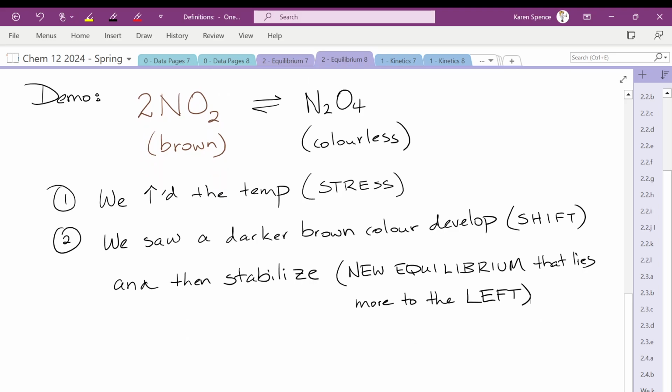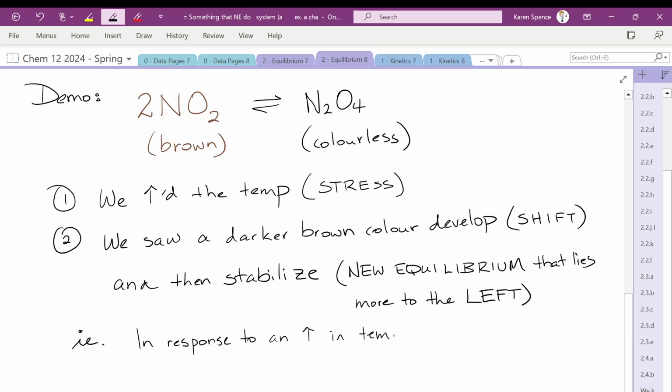So in other words, i.e., id est, that is, the system in response to an increase in temperature shifted which way? Left.